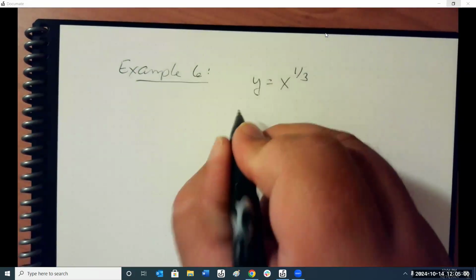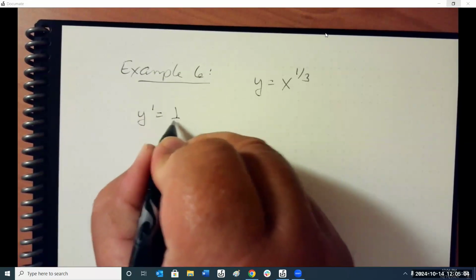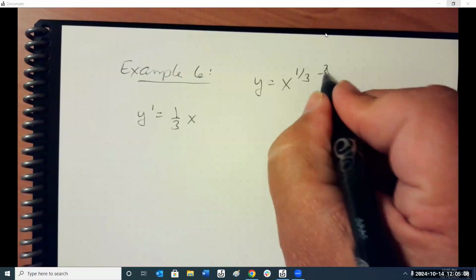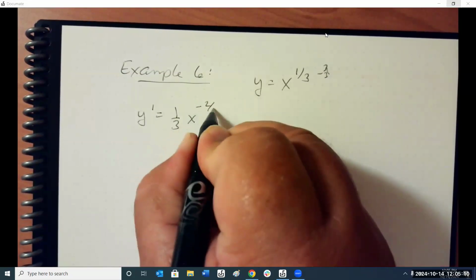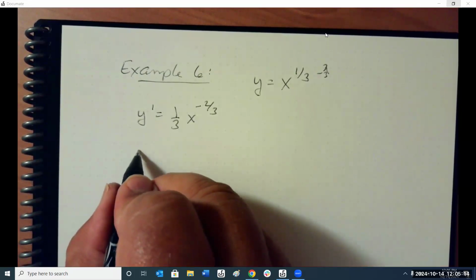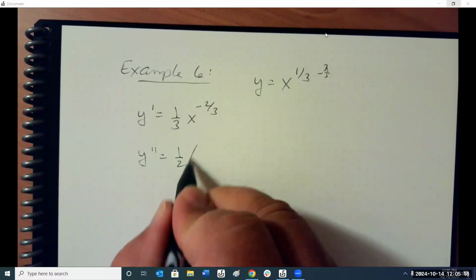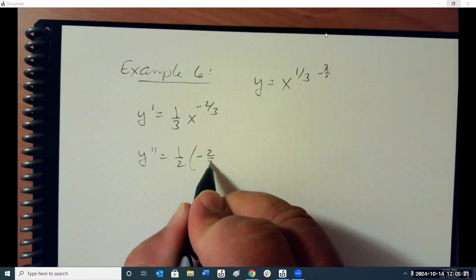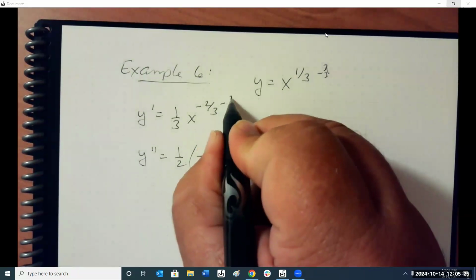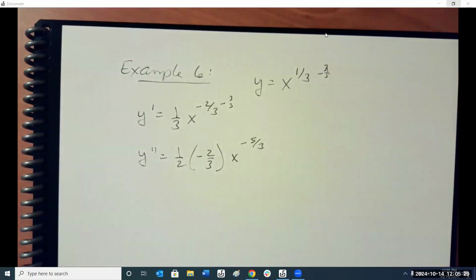So the first derivative we take is 1/3, subtract 1, which is 3/3, makes it negative 2/3. And the second derivative is 1/3, negative 2/3, x, subtract 1, is negative 5/3.